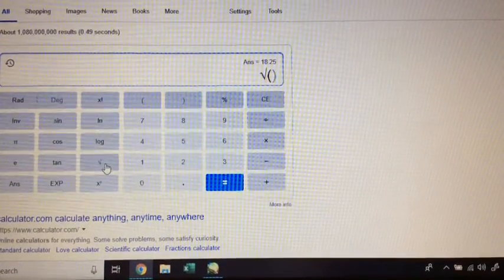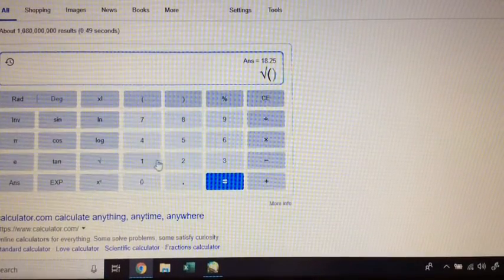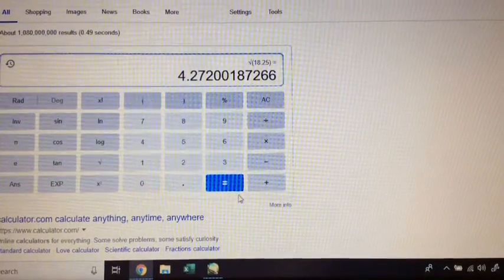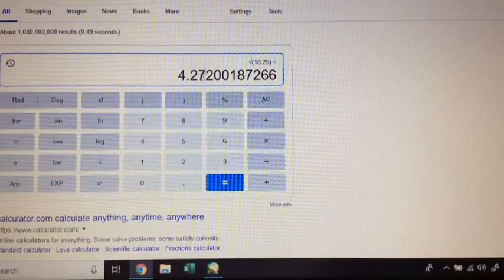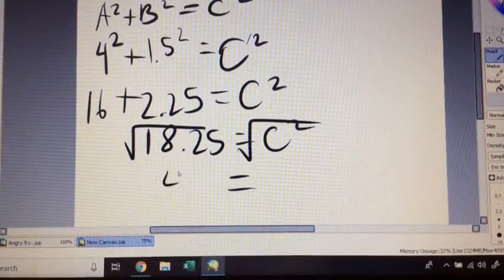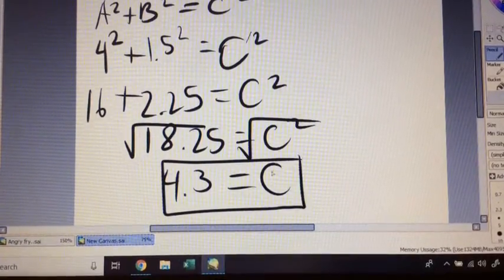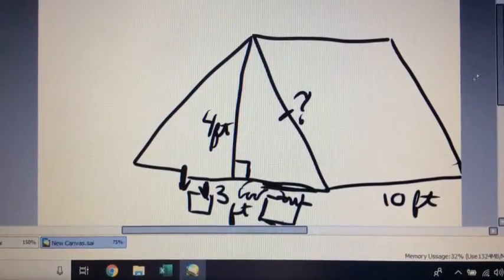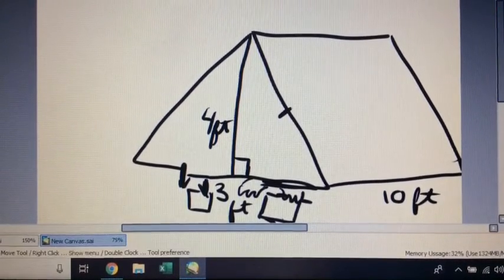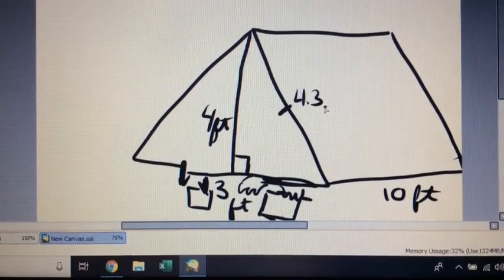So we're just going to square root 18.25. You can round the number to the nearest tenth or leave it, but I'm rounding my number. Now we have the height of this rectangle.